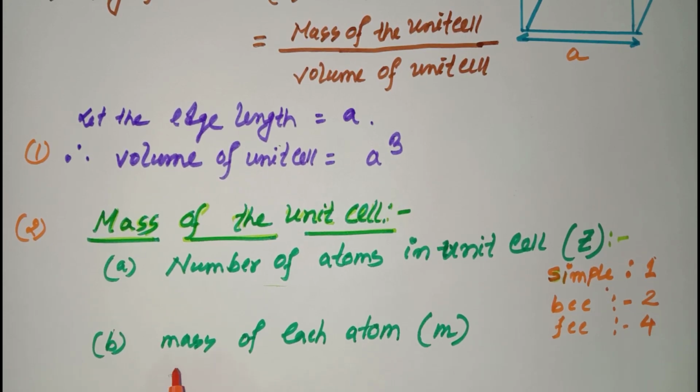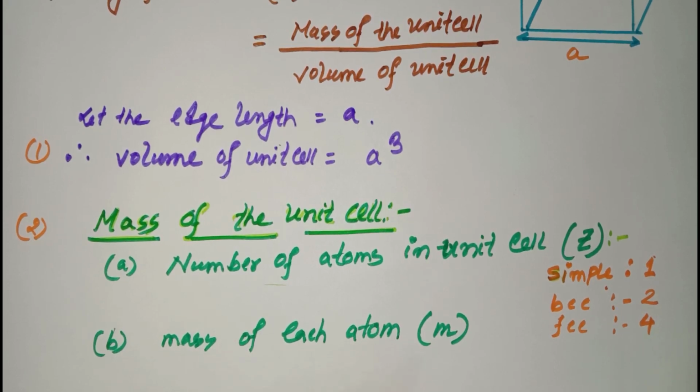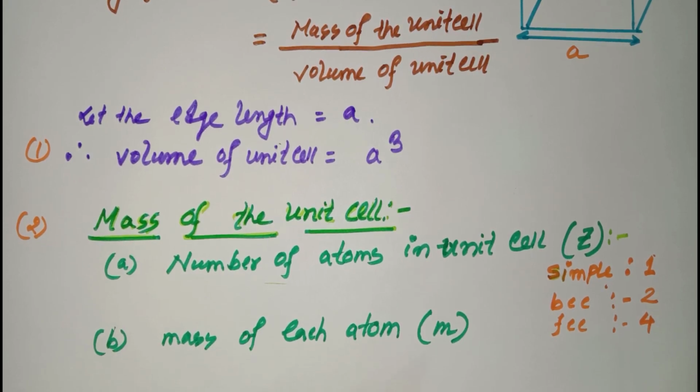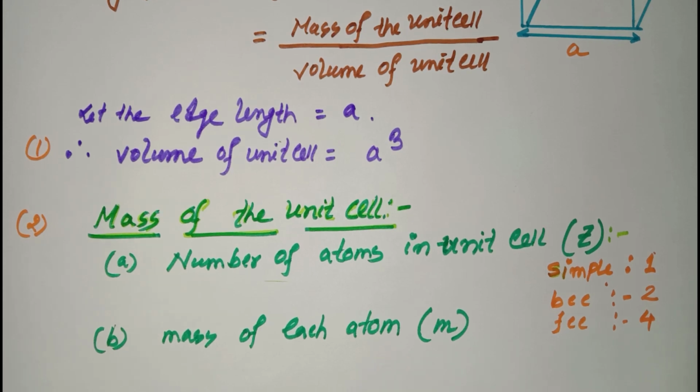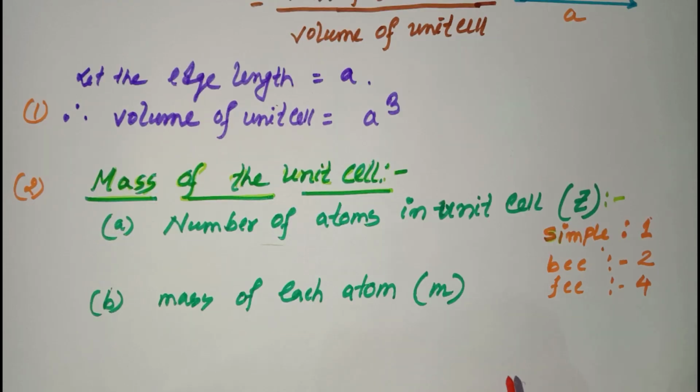And what is the mass of each atom? We know that the unit cell consists of a number of atoms, and these atoms have a definite mass. We should calculate the mass of each atom present in the unit cell. The mass of a single atom present in a unit cell is equal to molar mass, that is capital M, per Avogadro constant.